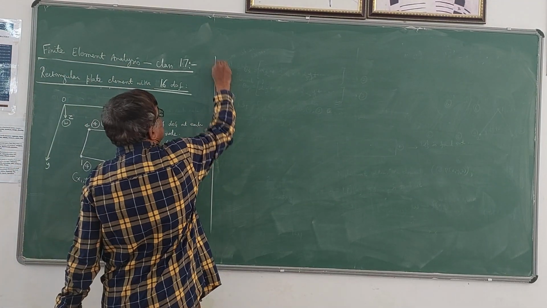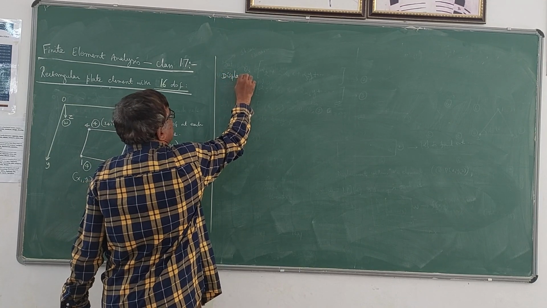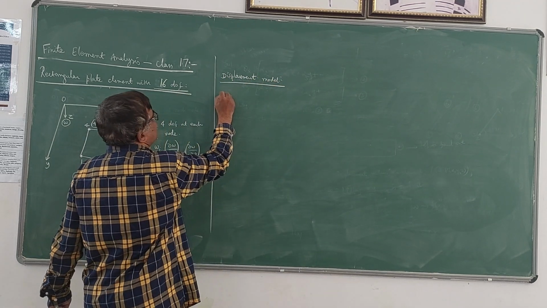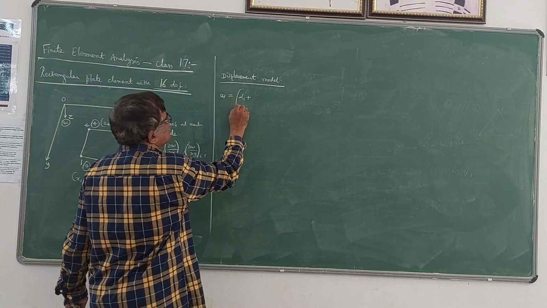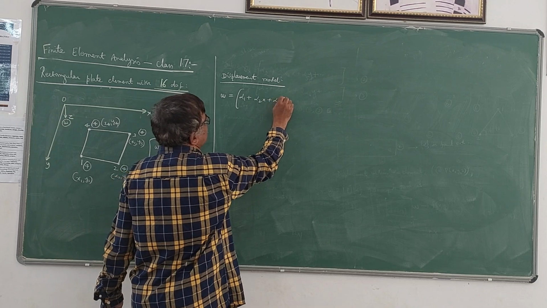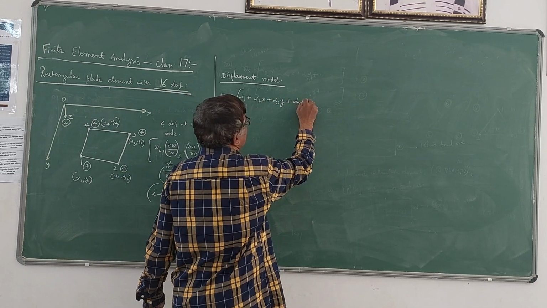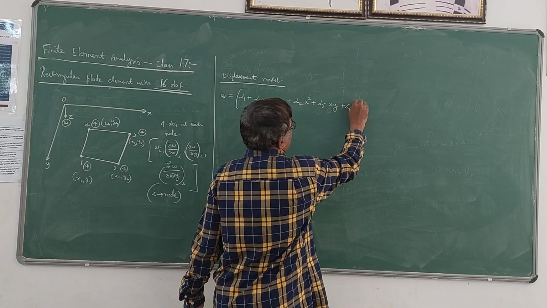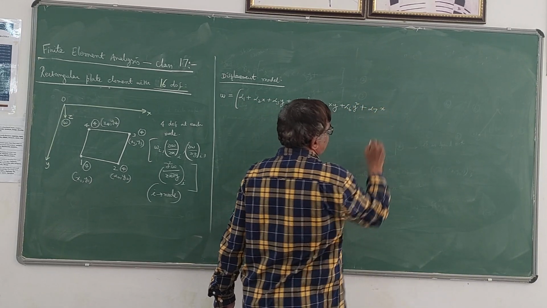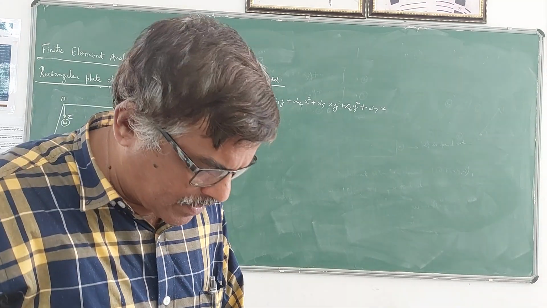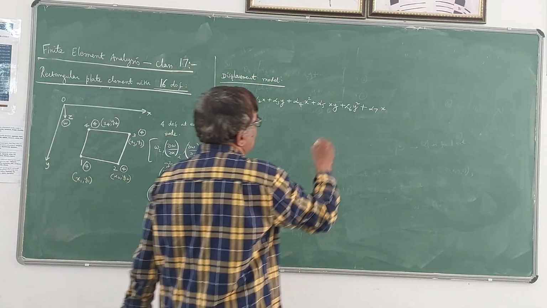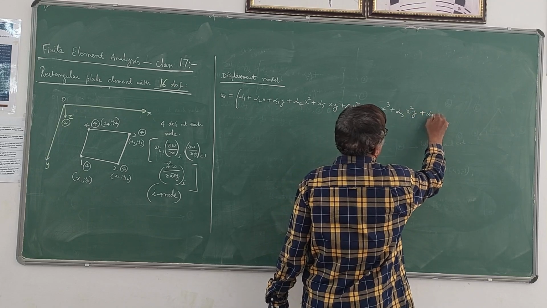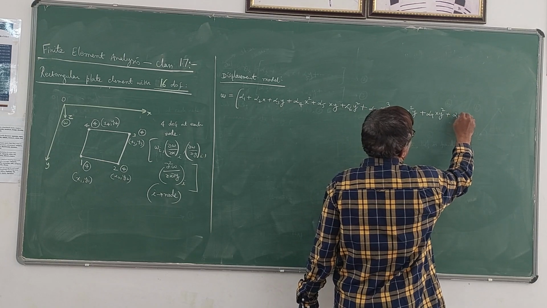So the displacement model for the 16 degree of freedom rectangular plate element becomes: W is equal to alpha 1 plus alpha 2 x plus alpha 3 y plus alpha 4 x square plus alpha 5 xy plus alpha 6 y square plus alpha 7 x cube plus alpha 8 x square y, third order, plus alpha 9 x y square plus alpha 10 y cube.